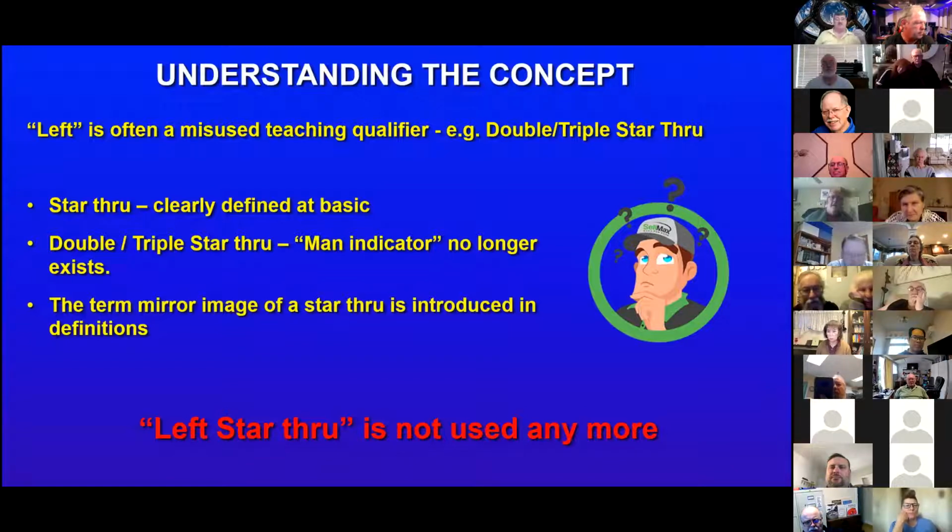So what you've got is from any appropriate formation, normal facing couples as an example, those who can star through, that's the basic definition. Those who can do the mirror image of a star through. And then it says an arch is made with the man's left hand and the woman's right hand.